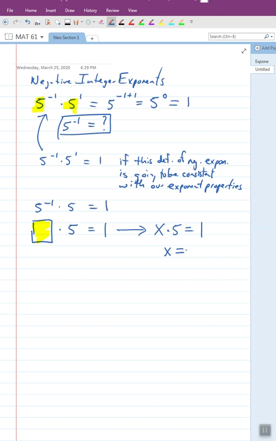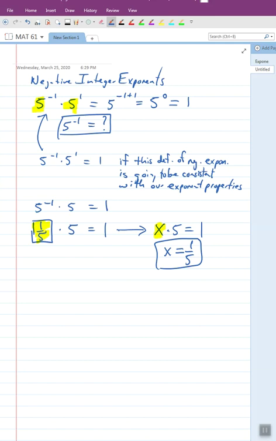So if I had a mystery number times 5 and the answer was 1, how would you figure out what that mystery number is? Couldn't you just treat that as an equation where you're solving for that unknown x value? What would that unknown x value be? Okay, Kara says 1/5. That does make sense, doesn't it? If you take 1/5 of 5, you're definitely going to get 1.